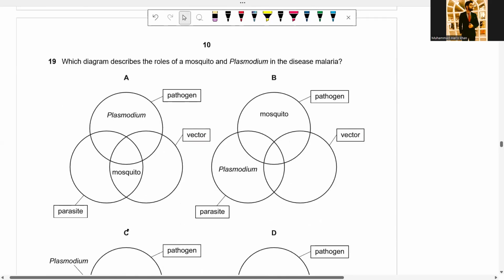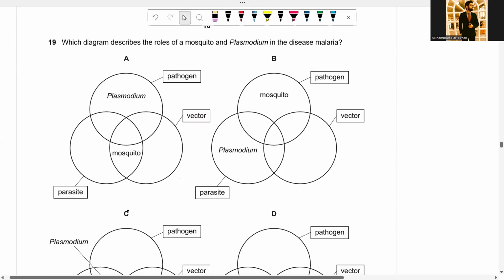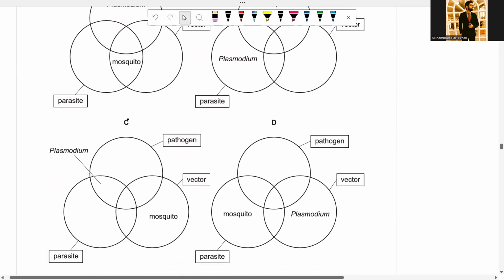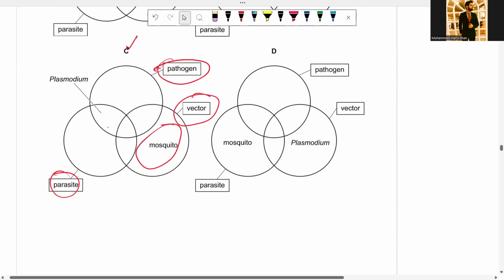Which diagram describes the role of the mosquito and plasmodium in the disease malaria? The answer will be C. Why is it so? Because plasmodium is the parasite, and the mosquito is the vector that will carry the parasite from one place to another. Plasmodium is also the pathogen that is causing the disease.